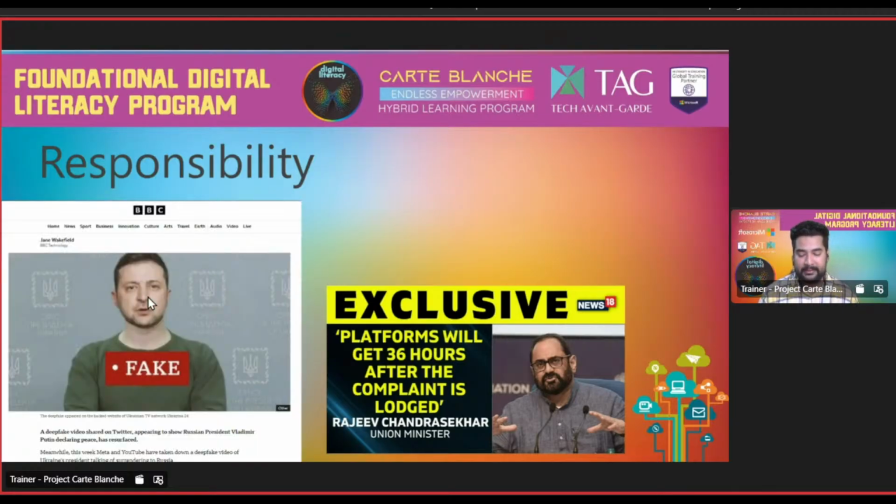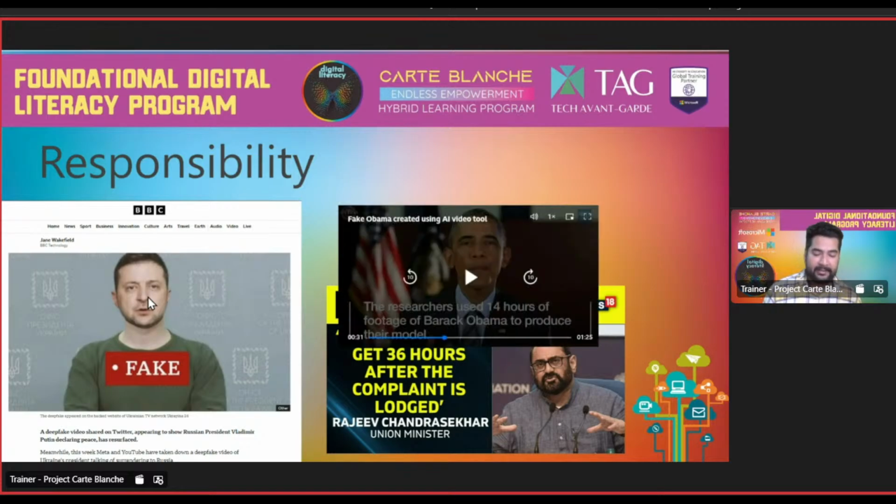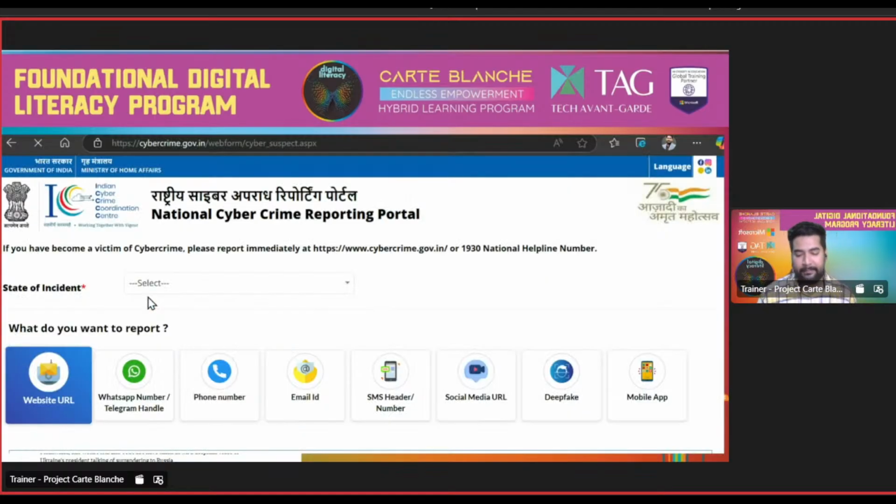News is coming up where presidents talk about stopping a war, and such deepfake videos have influenced the entire country. People are misusing images, and today a lot of morphed images are used on social media, whether of President Obama or anybody. But the government of India has very strict rules.